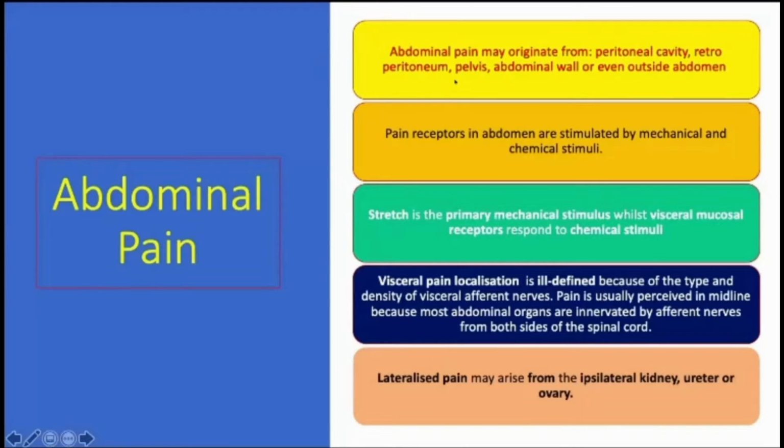Pain receptors in the abdomen are stimulated by mechanical or even chemical stimuli. The mechanical stimulation refers to some kind of compression, either external or sometimes internal. With regard to the primary mechanical stimulus, most of the time it is because of the stretching effect, which patients sometimes describe as colicky or spasmodic pain.